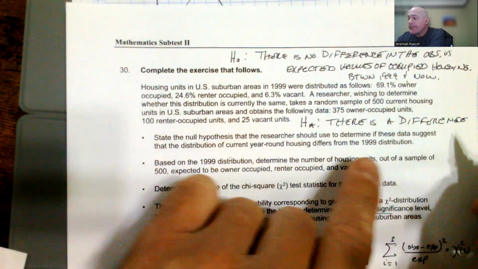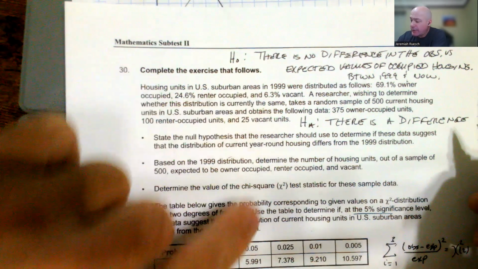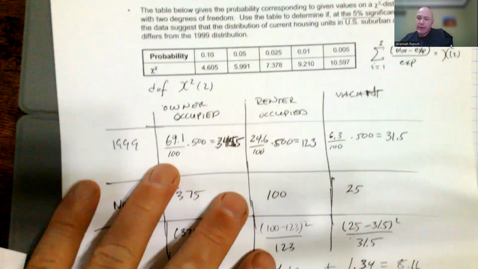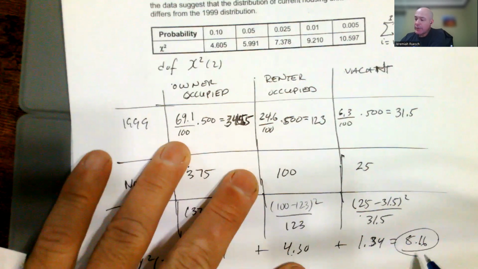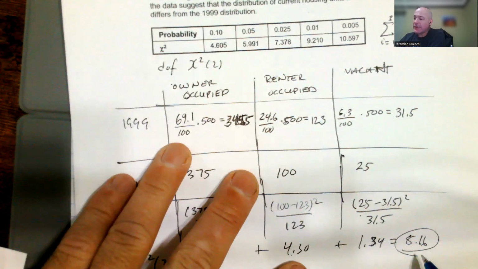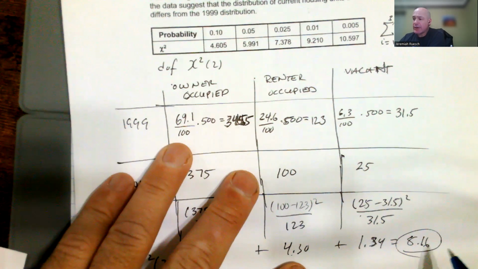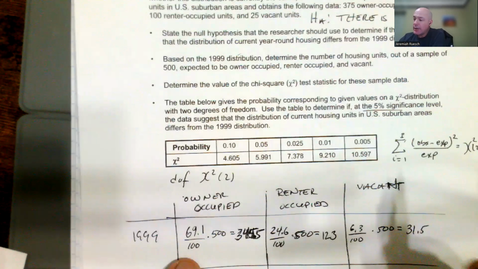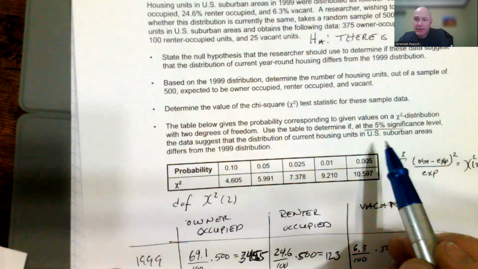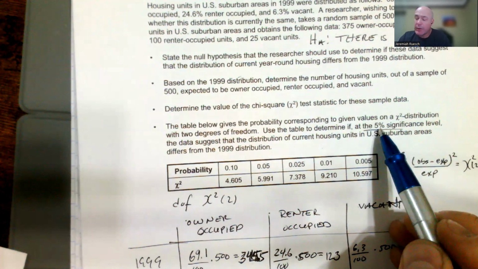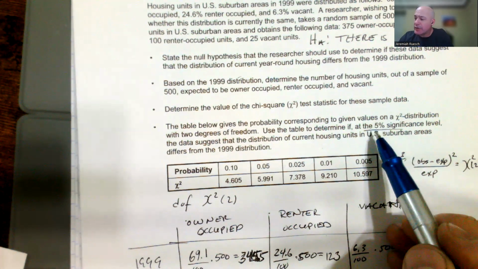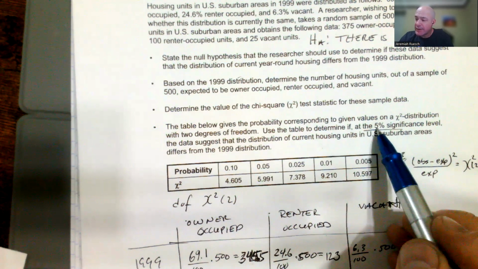Okay. So we need to construct the chi-squared value, which we did down here, so this is our chi-squared value. So we need to determine if this chi-squared value is significant enough that we can reject the null hypothesis, or whether or not we have enough information to reject the null hypothesis at this significance level.